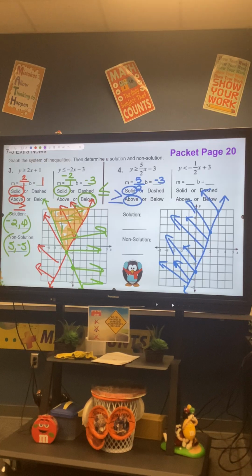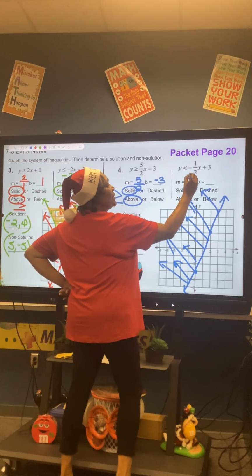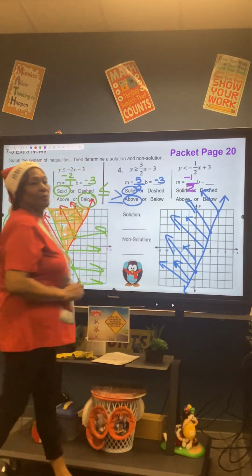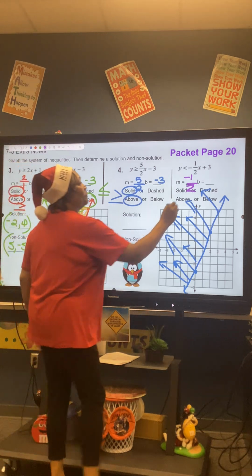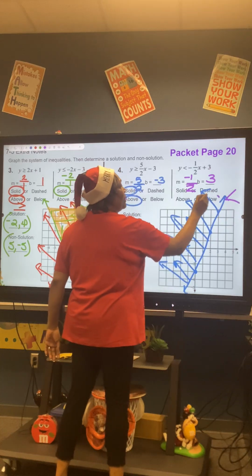All right, y is less than a negative 1/2 x plus 3. Remember, the top one is a negative, the bottom one is positive. You're going to start at a positive 3. Your sign is less than, so that means we shade below.